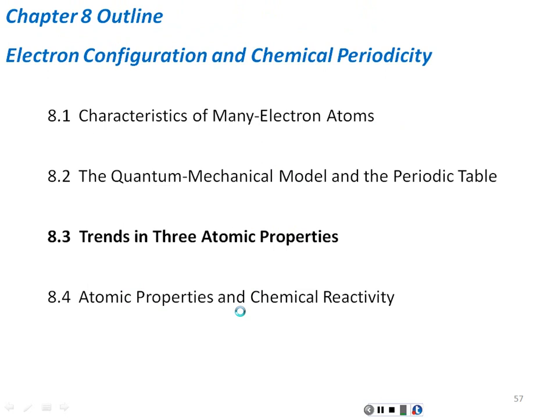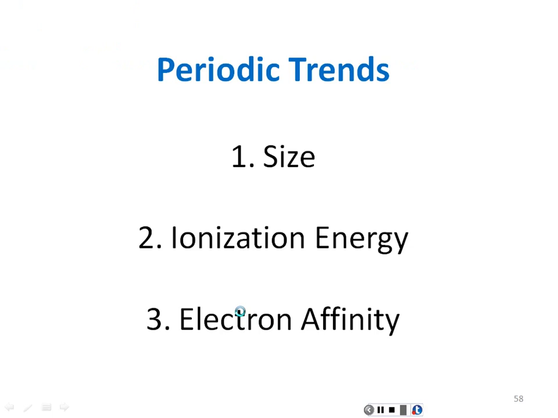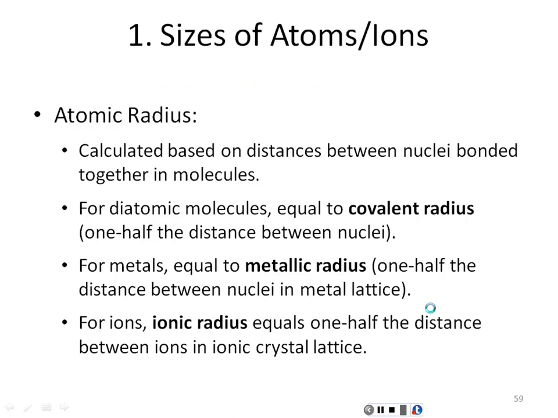Okay, moving on to 8.3, we're going to talk about trends in 3 atomic properties. The important properties we're going to discuss are size, ionization energy, and electron affinity. So how does the size of an atom or an ion vary in the periodic table? First we need to define what atomic size is.